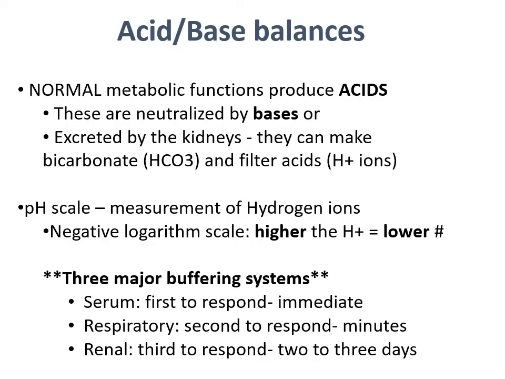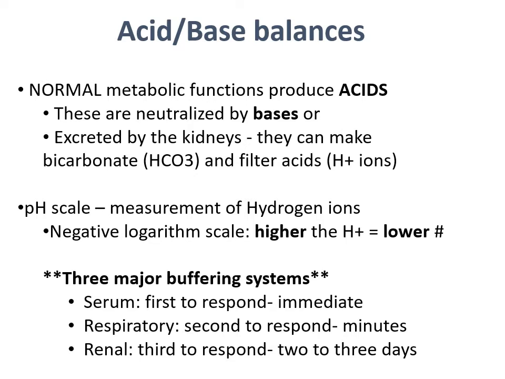So on to the next slide, acid-base balances. If you can think of all your body's functions, the metabolism of glucose, the breakdown of fats to produce energy and proteins, all of these processes are constantly producing H+ acid in your cells that then get out into the bloodstream, the serum.